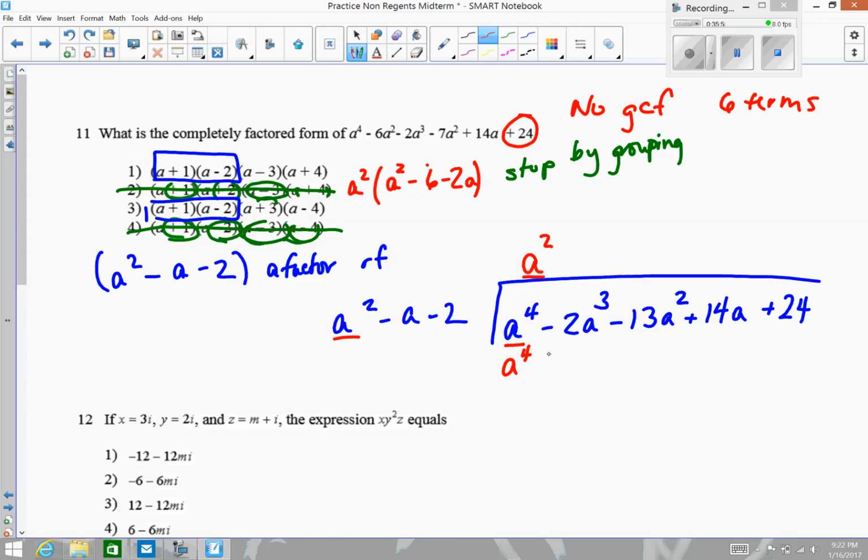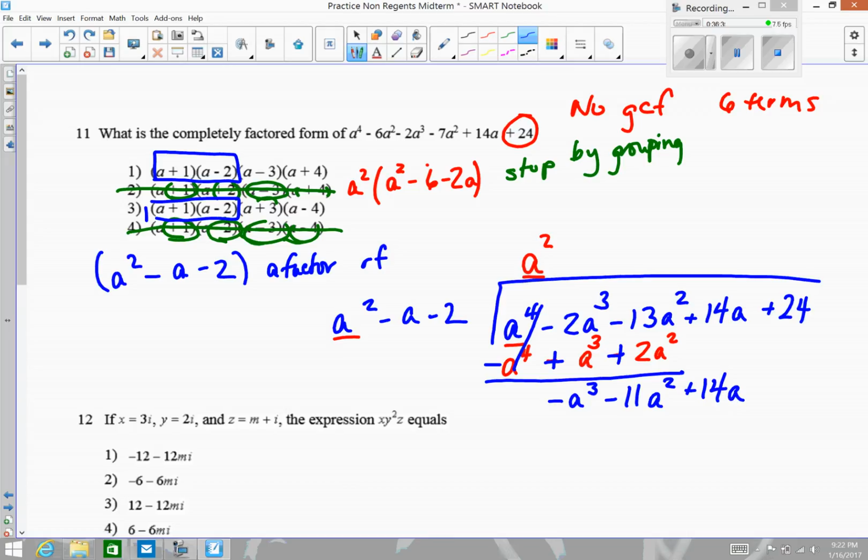A to the fourth minus a to the third minus 2a squared. I want to distribute a negative sign and add vertically. Those will cancel out. Negative 2a cubed plus an a cubed leaves me with a negative 1a cubed. Negative 13a squared plus 2a squared is going to give me a negative 11a squared. And I want to bring down 14a.